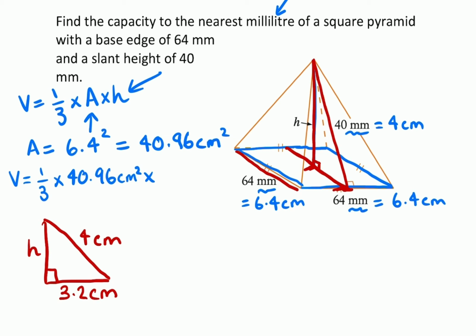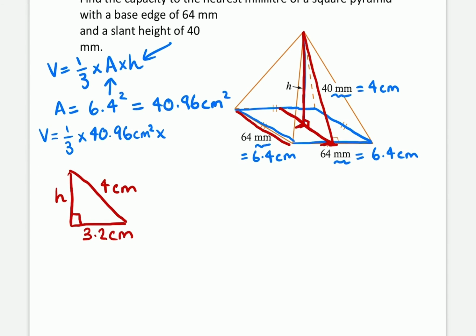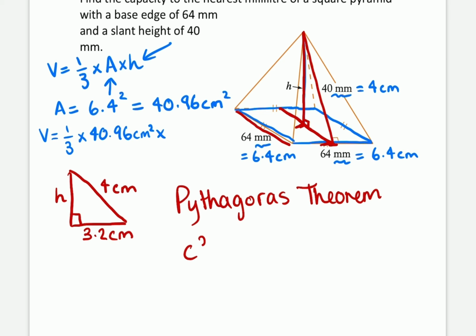So we've got a right angle triangle here and we've got 2 sides in the right angle triangle, which means we can work out that other side using Pythagoras' theorem. So Pythagoras' theorem is c squared equals a squared plus b squared, where c is the hypotenuse.